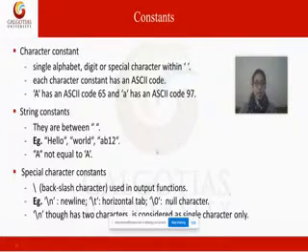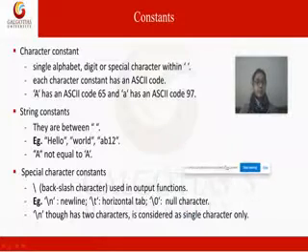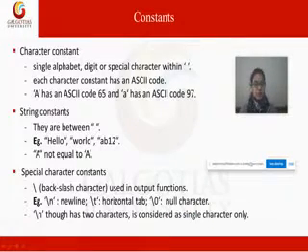Okay, then we have special character constants. Special character constants are used to give special meaning and to format the way things are displayed in the output, so they are used in the output functions. We have a slash n, which is for new line. So I'm printing some statements, and in between I use a slash n.